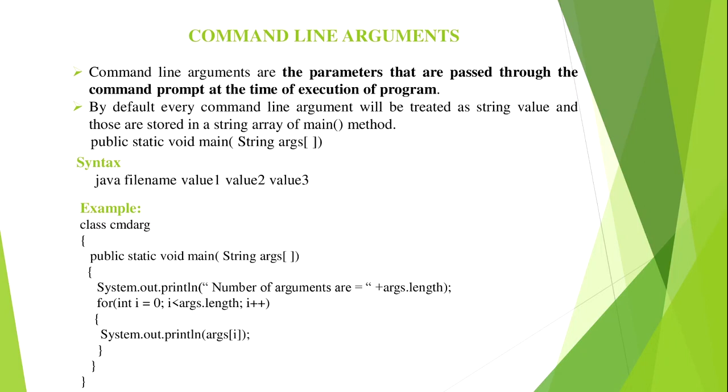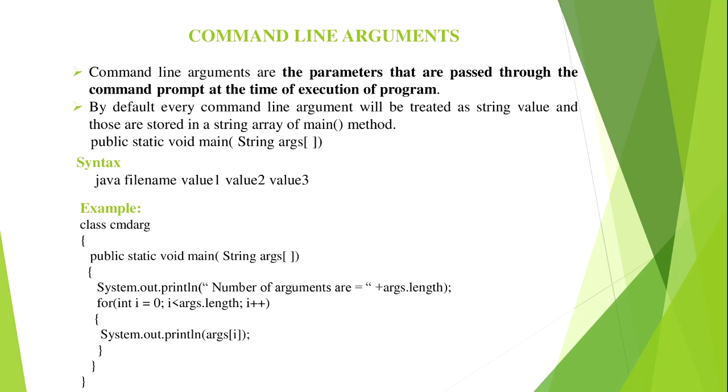The args.length calculates the length of the command line parameters. See here, in the syntax I used three values, value1, value2, value3, and suppose at the time of execution I supply the three values, then of course your answer here is 3. If you have given 5 values, then the number of arguments is 5.